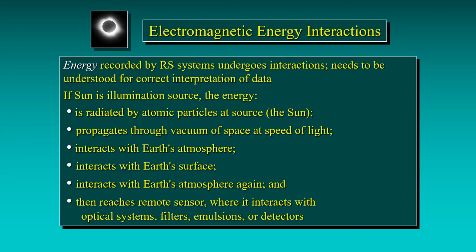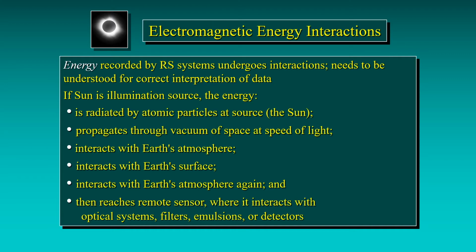The energy that is recorded by remote sensing sensor systems undergoes various types of interactions, and we need to understand what these interactions are and how they operate in order to be able to properly interpret remotely sensed data.